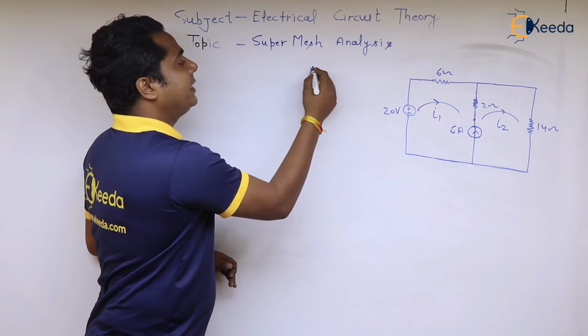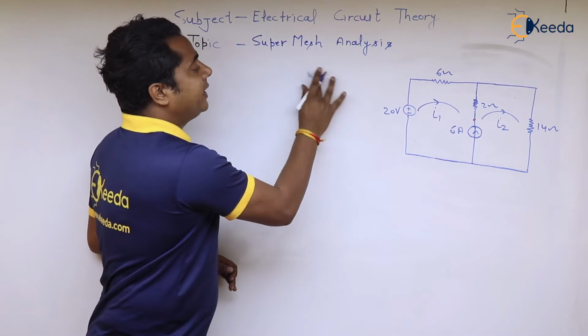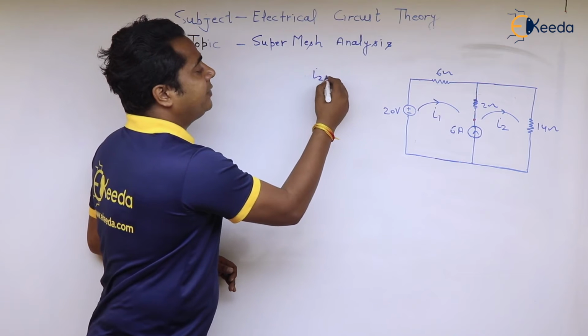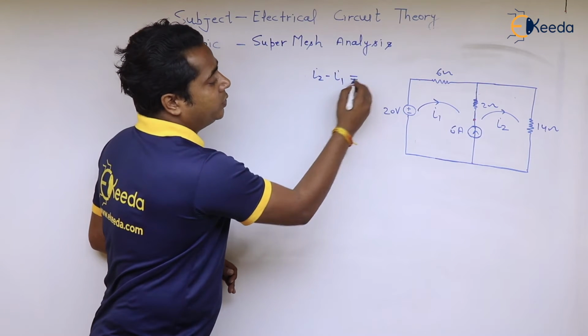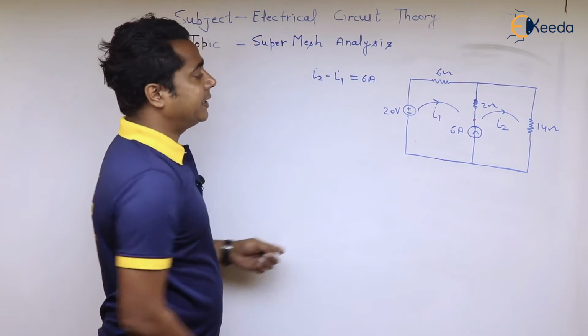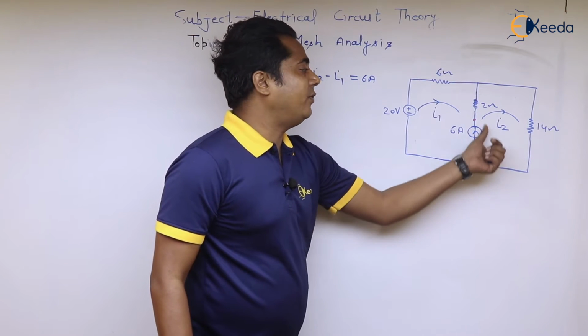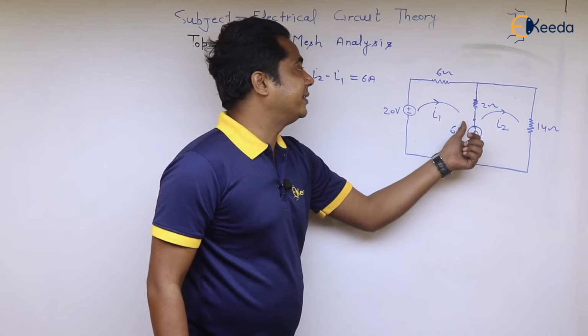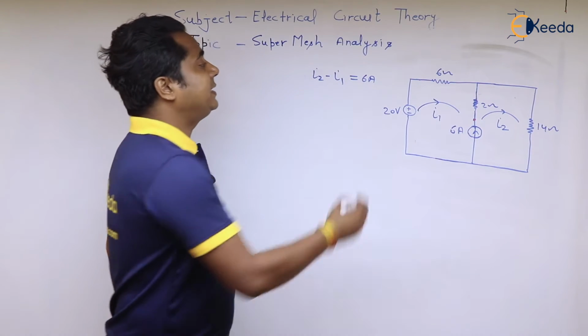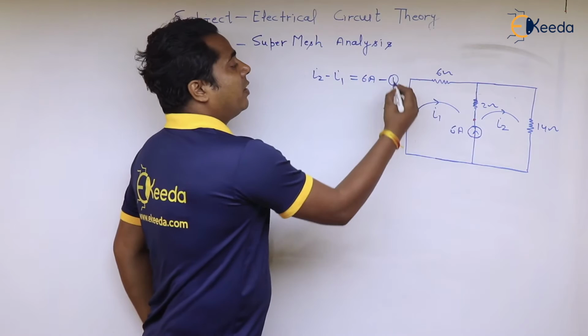So we can write I2 minus I1 is equal to 6 ampere, because I2 is dominant, as the 6 ampere is in the direction of I2, not I1. So I2 minus I1 is equal to 6 ampere. That is equation number 1.